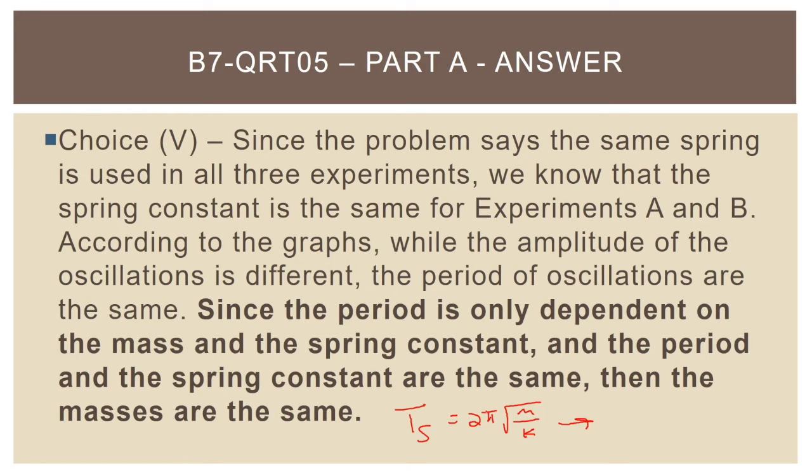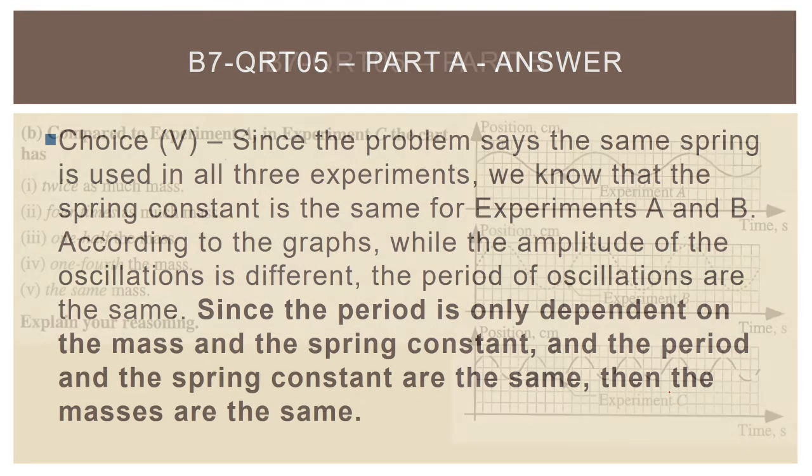And so if you solve this for the mass, then you would get the mass is the period squared times k over 4 pi squared. And so what that would let you know is that the mass is directly proportional to the square of the period and directly proportional to the spring constant. Of course, though, the spring constant is constant. And so the basic idea is you got the same period here, you got the same mass. Let's move on to part B.